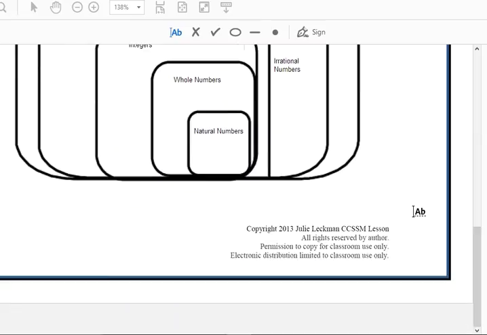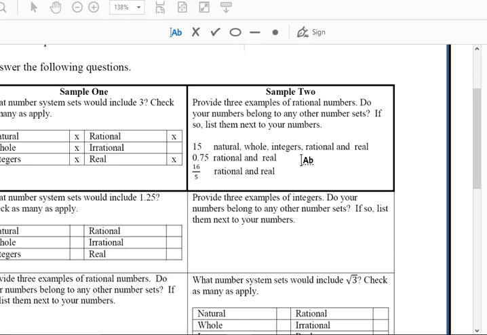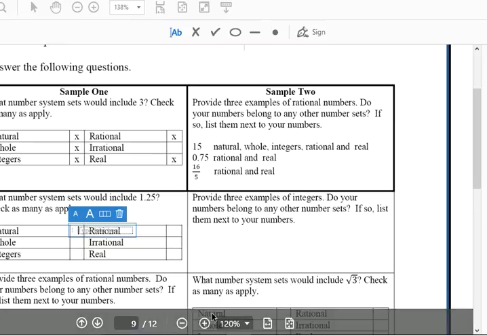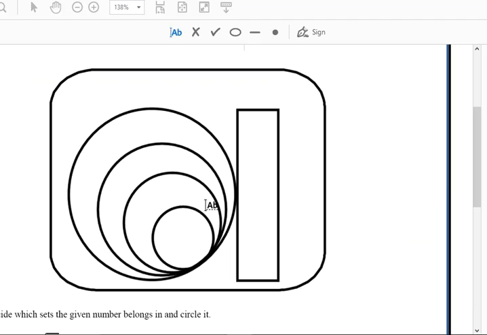Once that is completed, like I said, we would move on to our partner worksheet. Our partner worksheet we would be able to fill out. Once that is completed, we would move on to this graphic organizer. And this one's just like the other one.